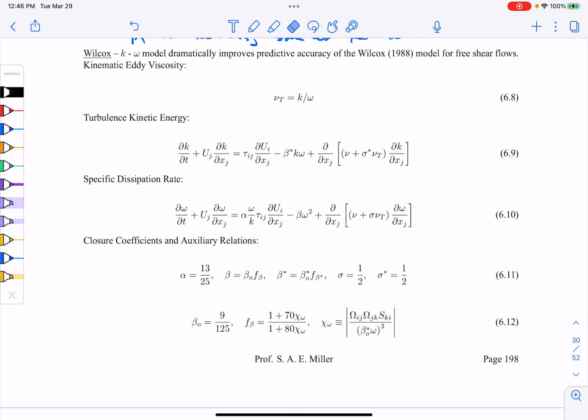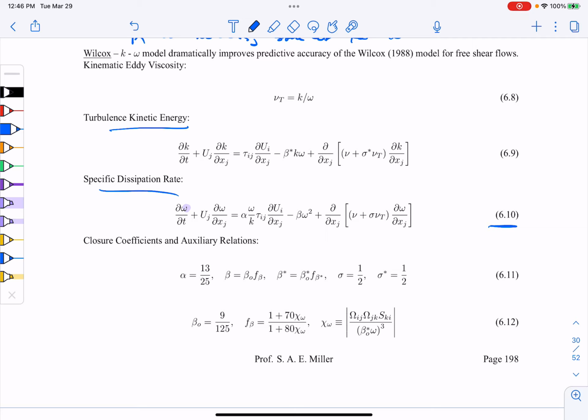So here's our K equation, turbulent kinetic energy. And now we have a specific dissipation rate equation for omega. And you'll notice that there's no power, so it's not an omega squared model, which are maybe second most popular. And so just look at equation 610, which is your second PDE for a two-equation model.